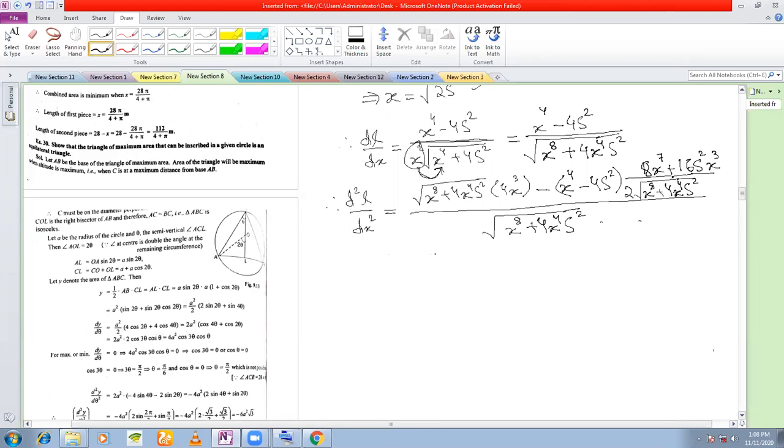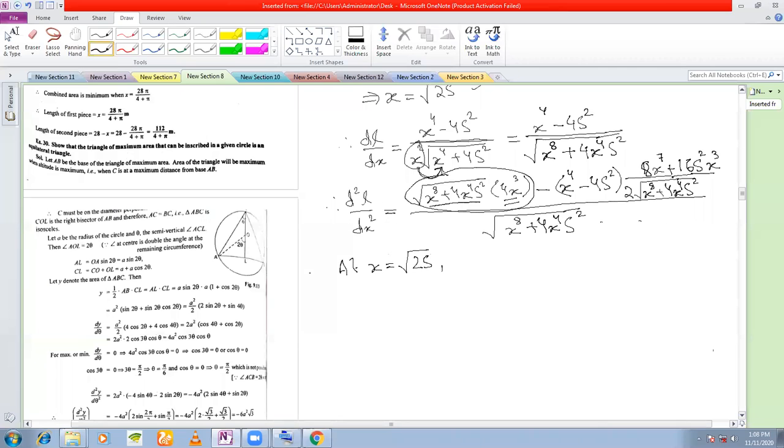Now see, at x is equal to root 2s, check the sign. Here if you put x is equal to root 2s, this is always positive, right? Yes, sir. So that means this entire term is positive.